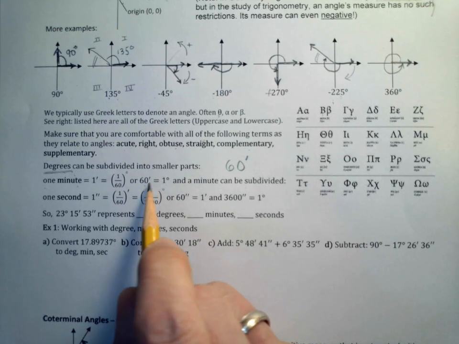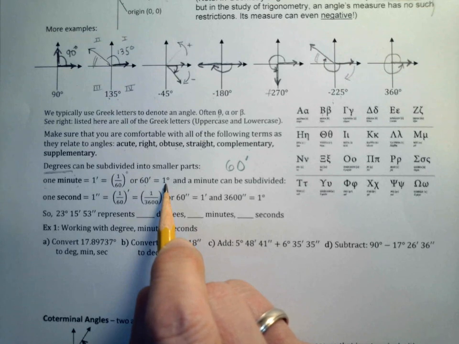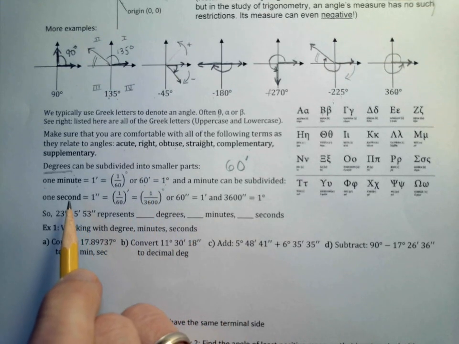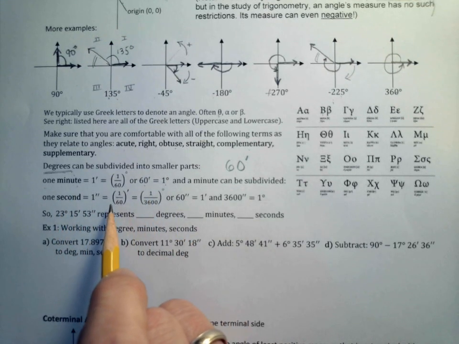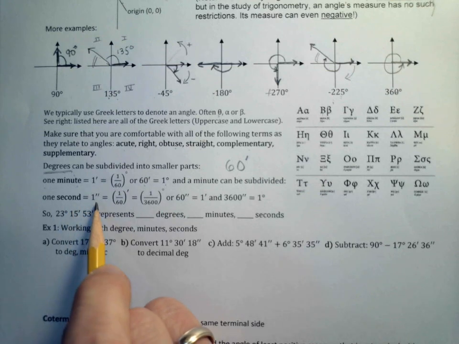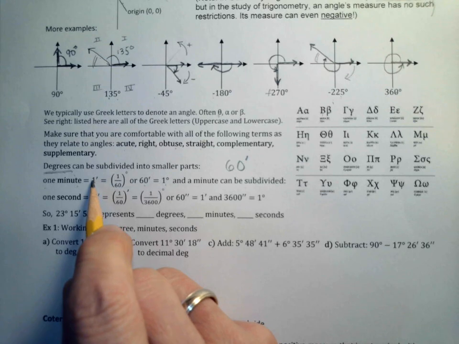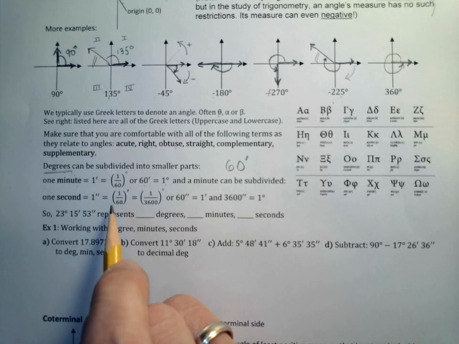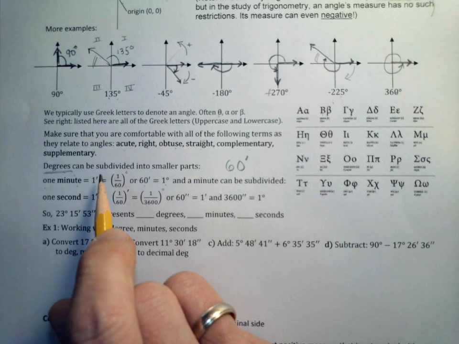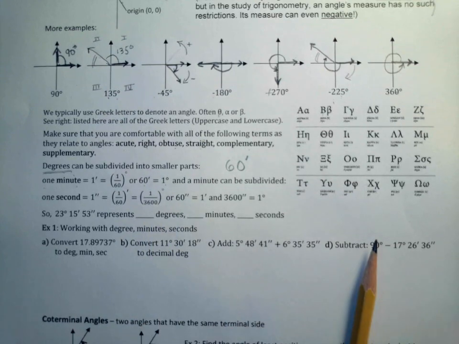So there are 60 minutes in 1 degree. And then taking minutes and breaking it up, we have seconds. Seconds use double apostrophes, and that's 1 second. There are 60 seconds in 1 minute, or there are 3,600 seconds in 1 degree.